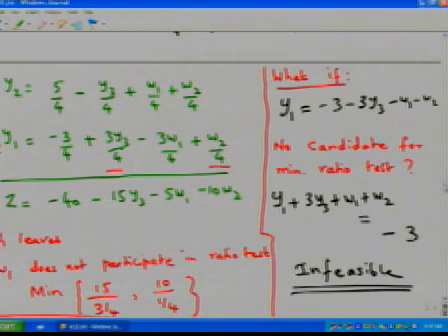And the failure will always look like what is written on the slide. There will be some row which looks exactly like that, and then you will conclude that the problem is infeasible. So if I give you an infeasible linear program, it's not easy to tell that it is infeasible. You still have to work to verify that for yourself. Okay. Any other questions?